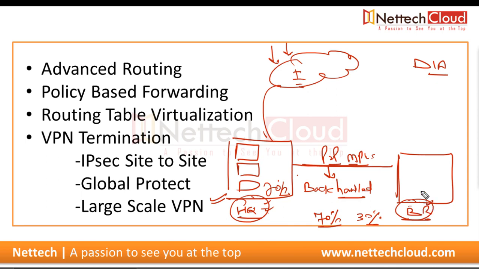It means branches need to connect nowadays directly to the internet, not going this way, right? Directly to the internet, because nowadays 70% of traffic is internet bound traffic. Even applications and infrastructures slowly and gradually either moved or are getting migrated to the cloud. So now there is a need of providing direct internet access or local breakout.